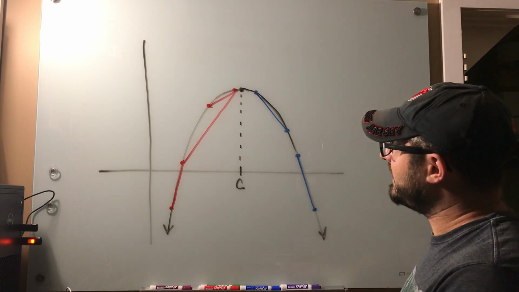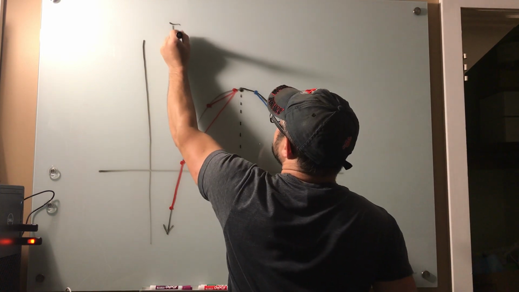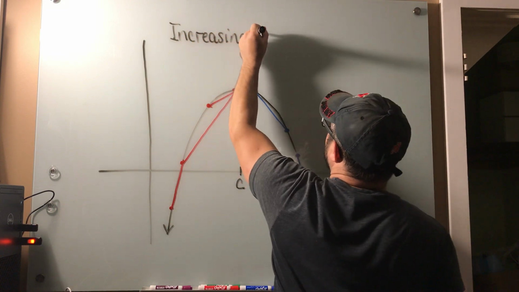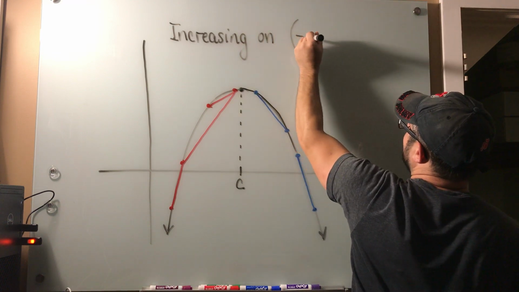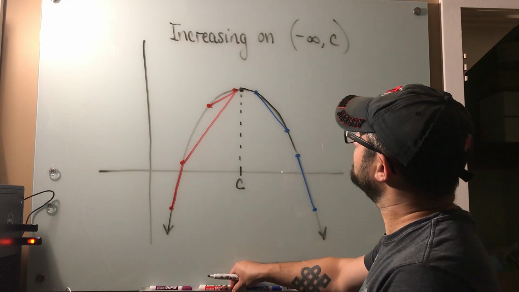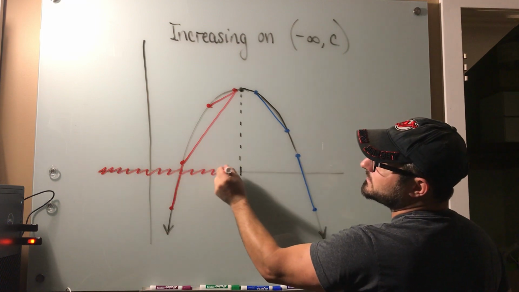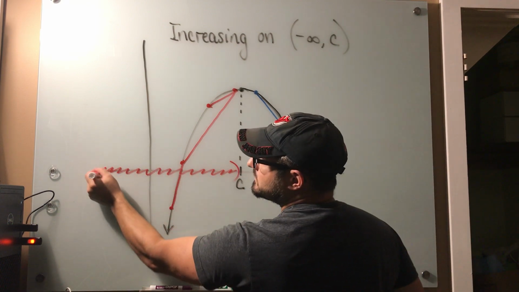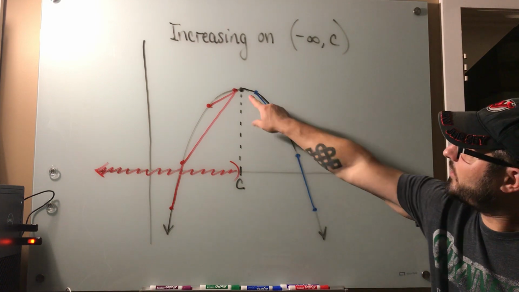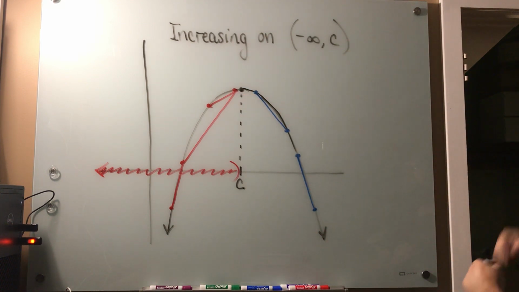So, what we can say then is that this function is increasing on the interval of the x-axis from negative infinity up to c. That is this section of the x-axis. It is, however, decreasing on the section of the x-axis from c to positive infinity.